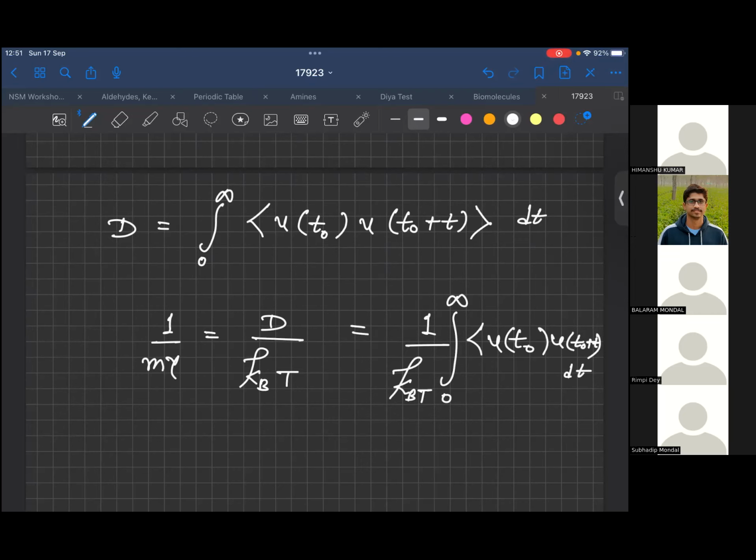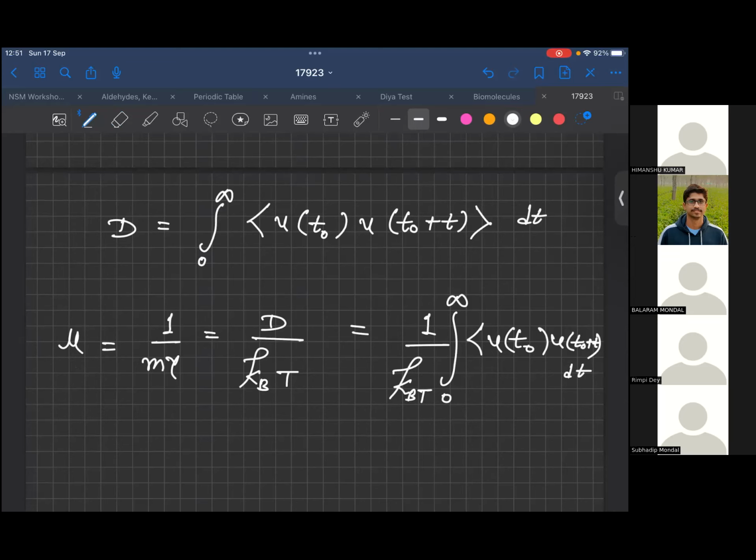So this is our mu, which is not the dipole moment but the mobility, which is the inverse of the frictional constant, and it is related to the fluctuation of velocity of the Brownian motion.